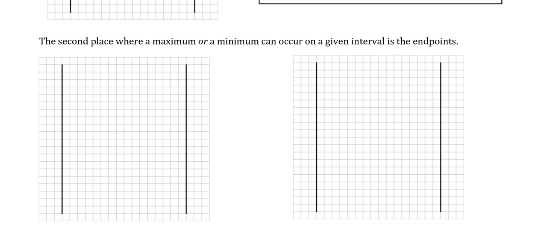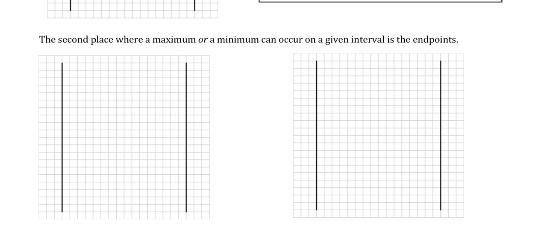We're going to come back to the notation. The second place where a maximum or minimum value could occur on a given interval is an endpoint. So I might have a graph that goes like this, and again, it would continue on. Who knows what it does?